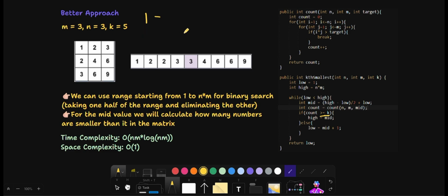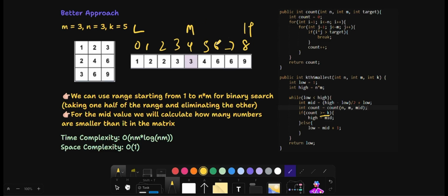So let's see, this is low, this is high, and the standard binary search. Let's mark the index first: 0, 1, 2, 3, 4, 5, 6, 7, 8. Low will be this, high will be this, and mid will be 8 plus 0 by 2, which is 4. Mid will be here.